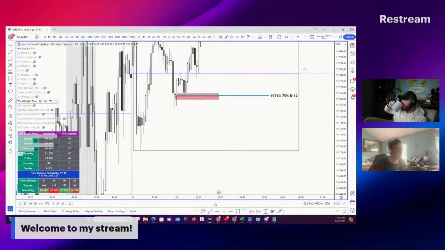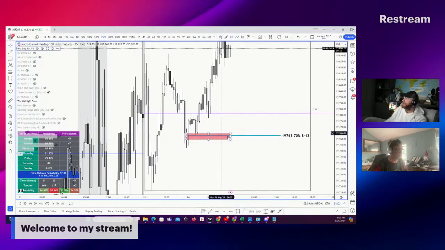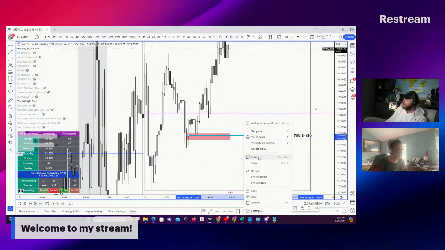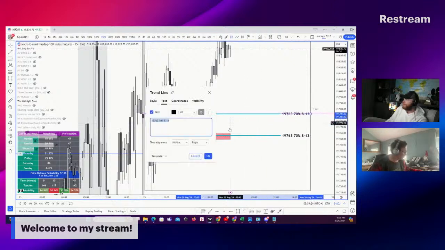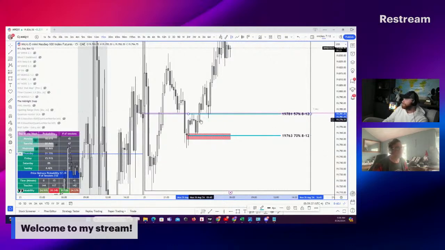But we can see settlement price at 17,781 is a 57%. All right.